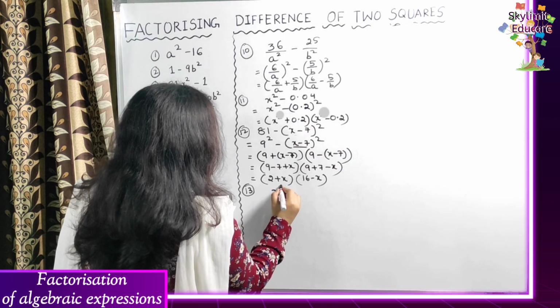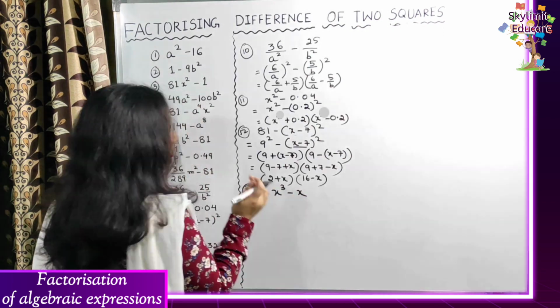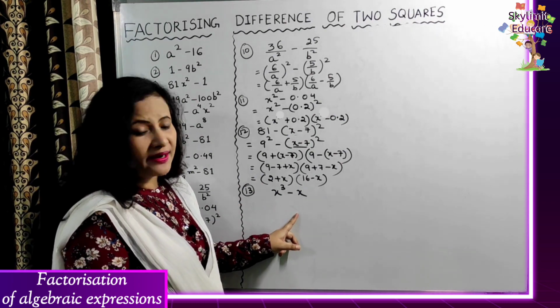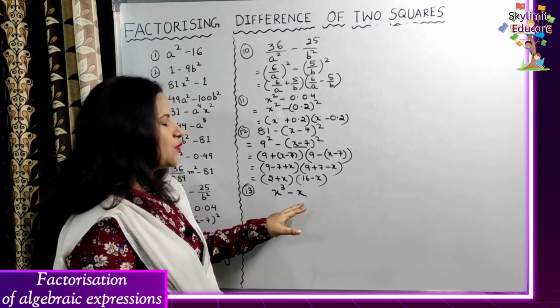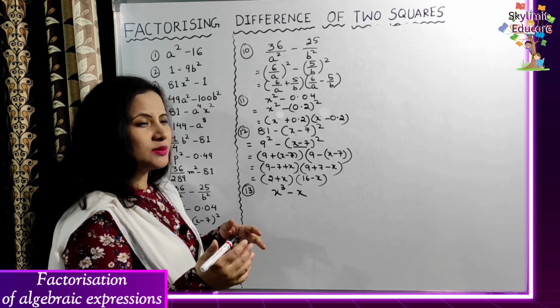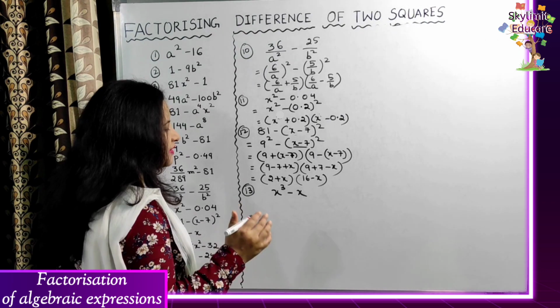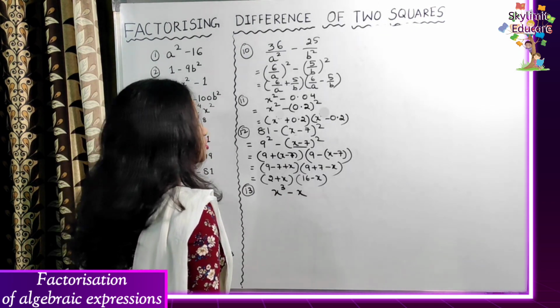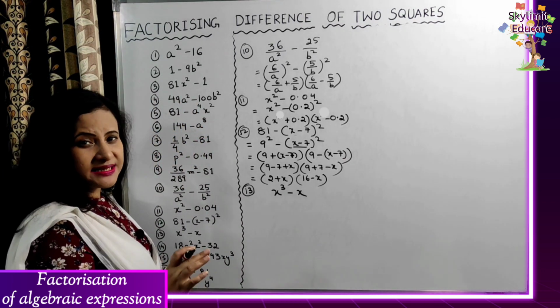x cube minus x. Clear? Now from here you see, x cube is not a perfect square and x is also not a perfect square. So in this case, you will follow some rules from your previous learning. You have to convert them to perfect squares in order to factorize them, since they are not perfect.